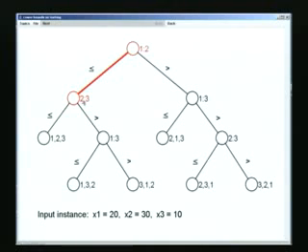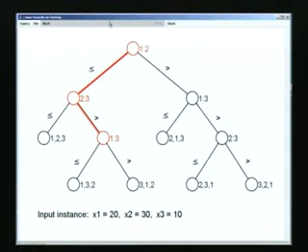When we arrive at this node, we have to act according to the instruction represented by this node, which is to compare x2 and x3. x2 is 30, x3 is 10. So we find that x2 is bigger than x3, and we follow this branch. Then we perform the instruction represented by this node, which requires us to compare x1 and x3. x1 is 20, x3 is 10, x1 is bigger.